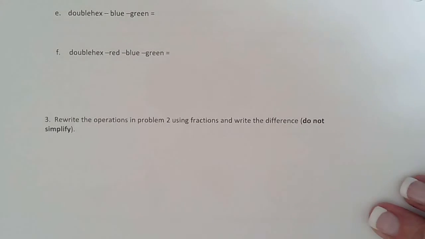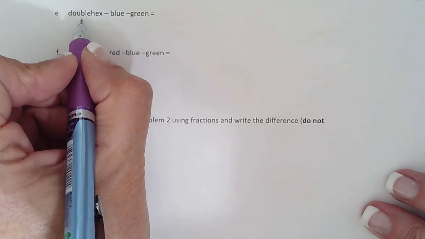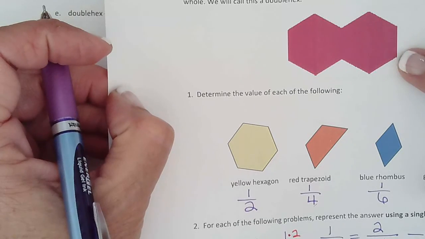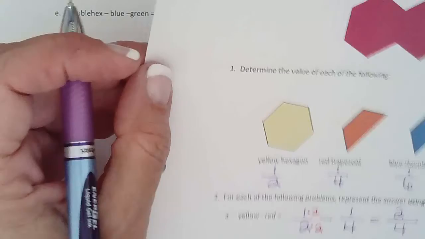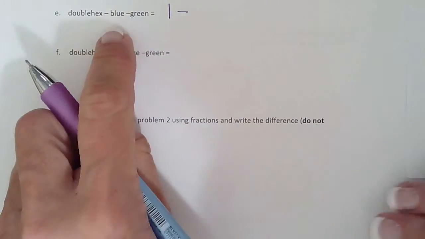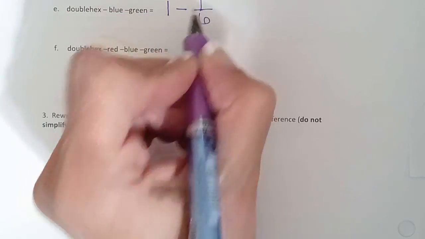So double hex, that's our unit, right? So what are we going to put for our unit? What's that equal to? Unit means a whole. So what's one whole? 1. So this is 1 minus, look on your sheet, and it says blue is 1/6 and green is 1/12.